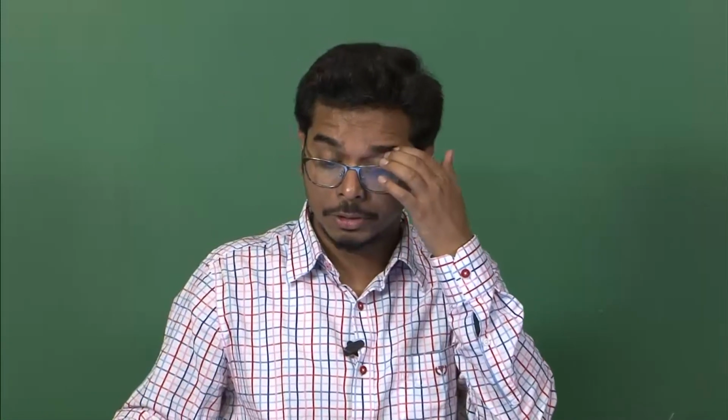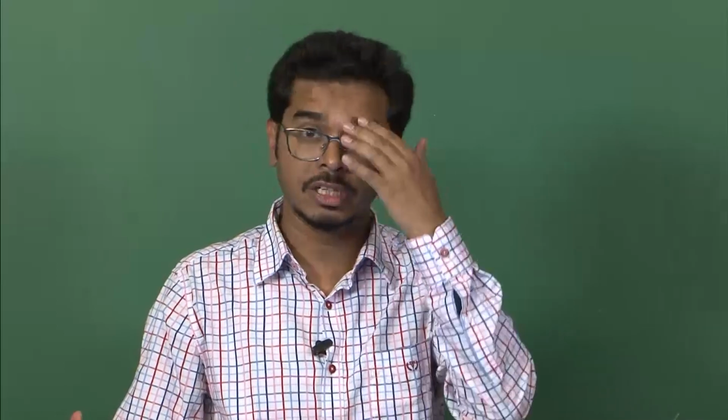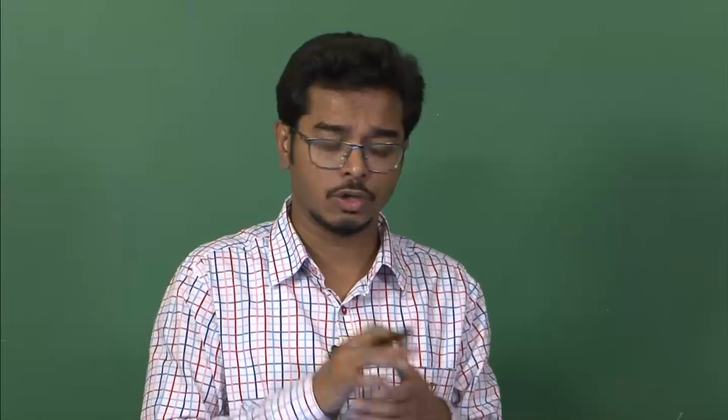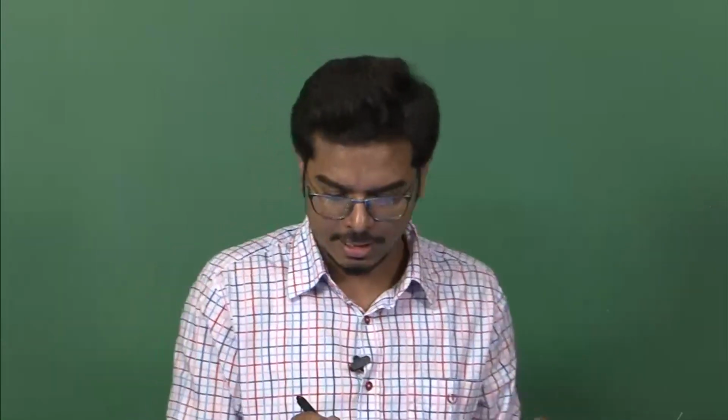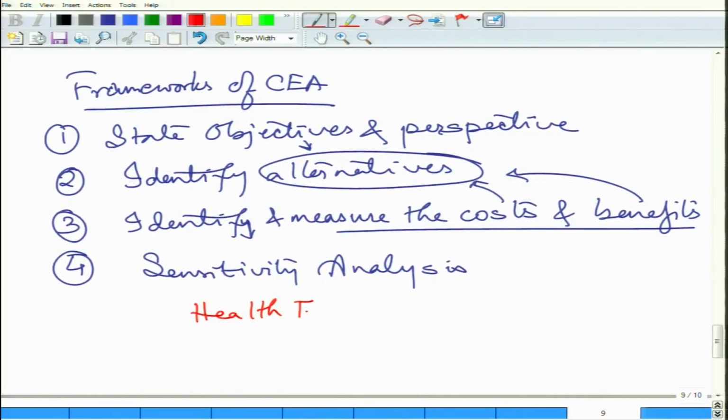And if we do a meta-analysis or a systematic review on a particular subject, we see that cost effectiveness analysis, economic impact evaluation studies, or health technology assessment studies, it's the similar thing.